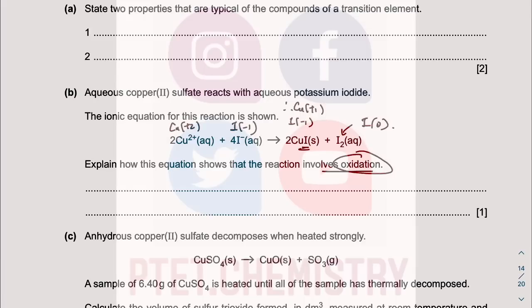So here to here, this has an increase in oxidation number. While I'm aware that oxidation number might not be specifically covered in O-level, I still think it's an important concept to have been covered.